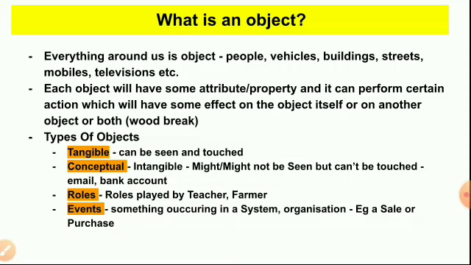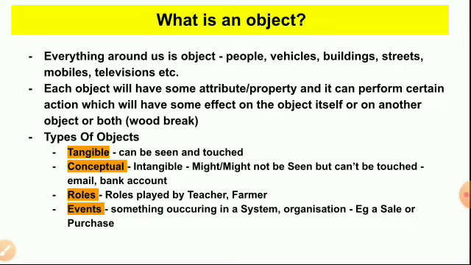So I hope we are clear with tangible, intangible, roles and events type of objects. These are just conceptual classifications. When we actually write code, we will not be writing different codes for these four types of objects.